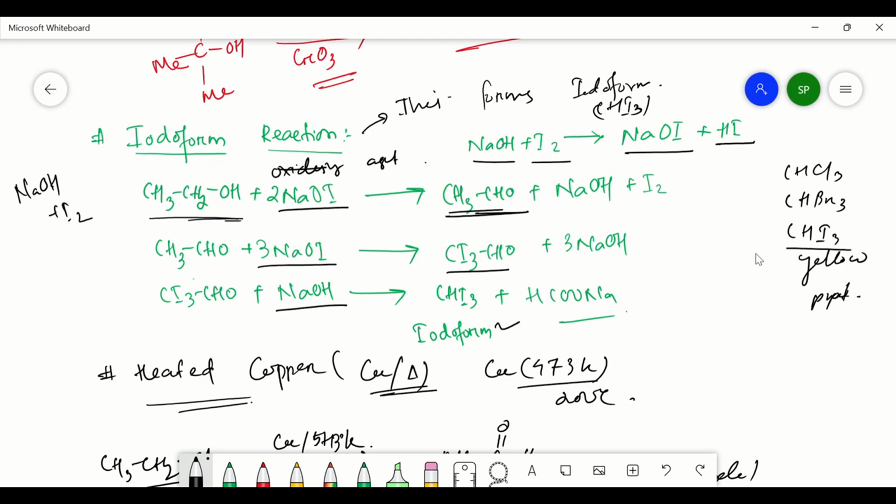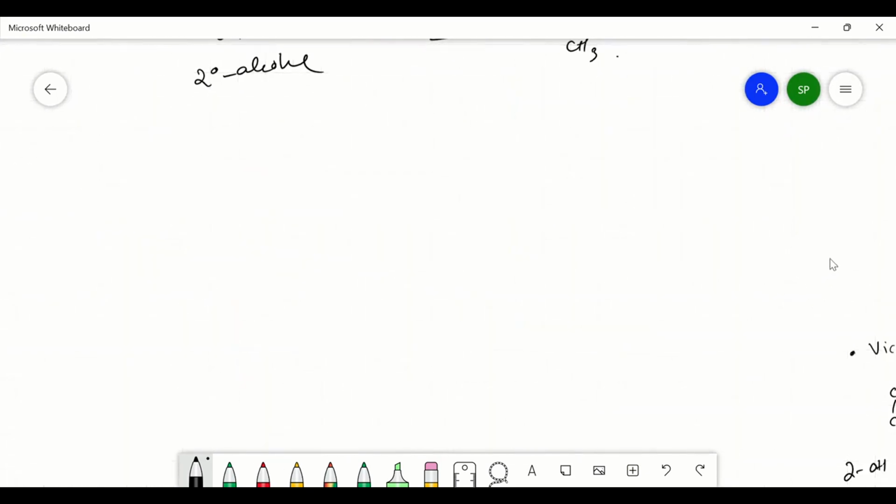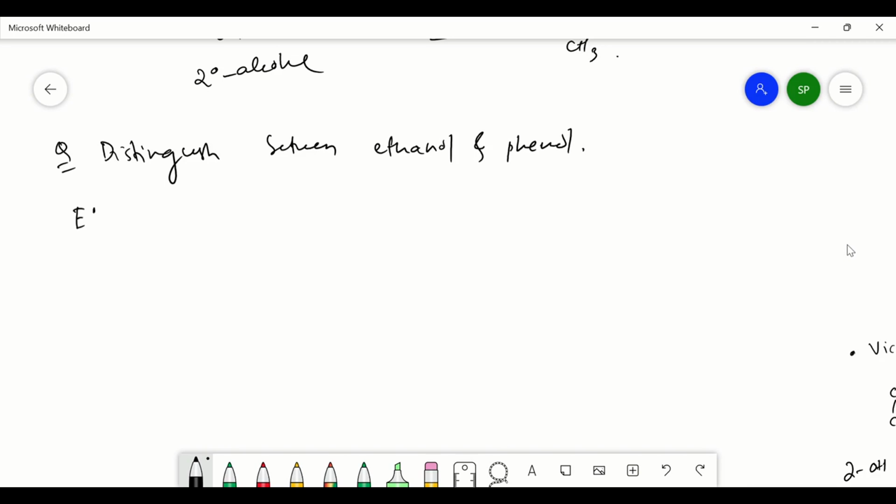Like if there is one question, distinguish between ethanol and phenol. How will you distinguish? This ethanol will give the iodoform reaction.